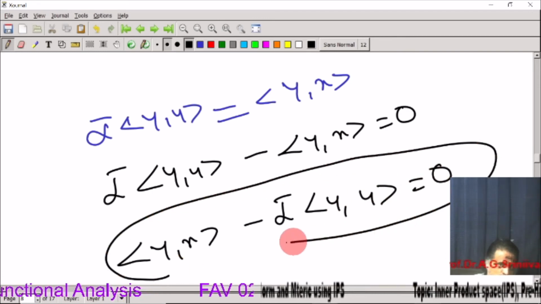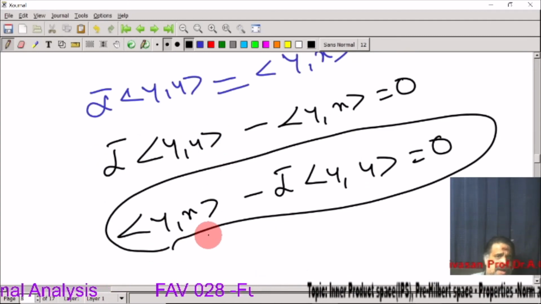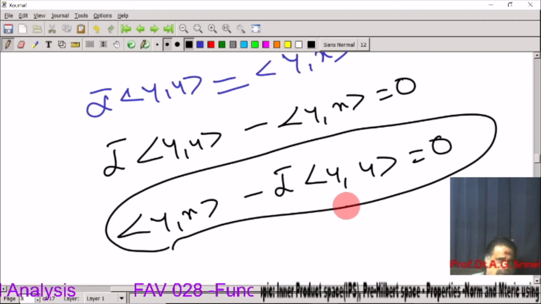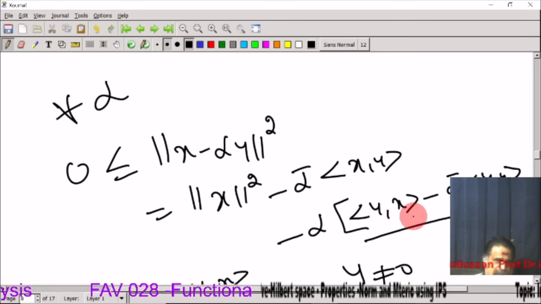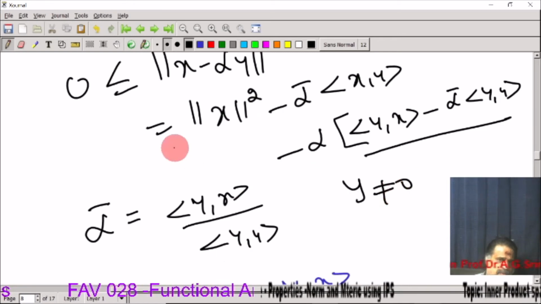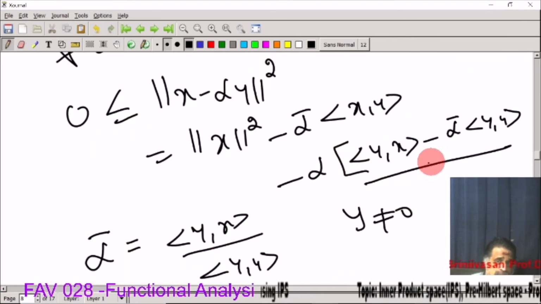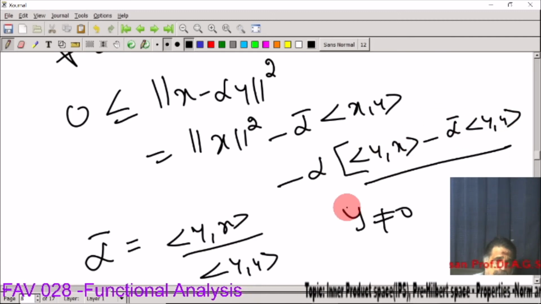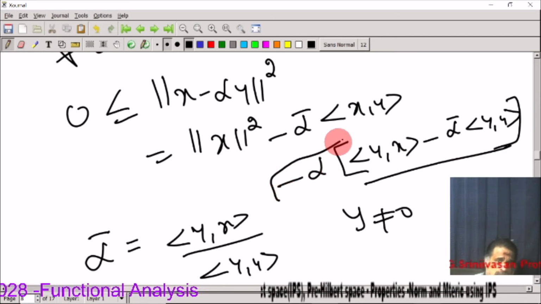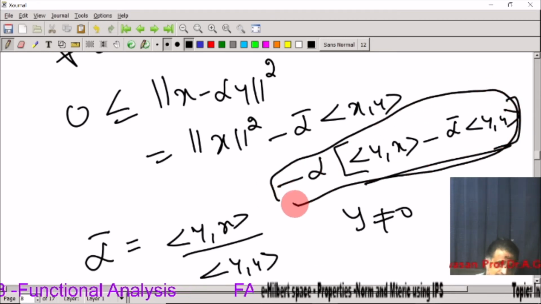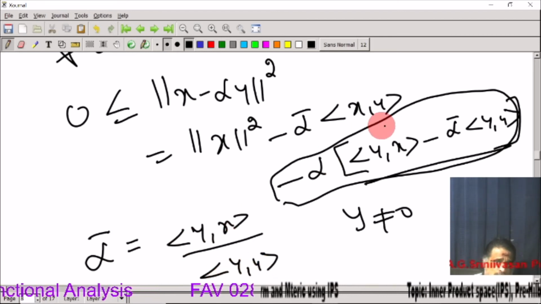So if you have chosen alpha bar in this way, you get inner product of yx minus alpha bar yy equal to 0. You see that? So if we choose alpha bar in this way, this component becomes 0, and the whole term will vanish.